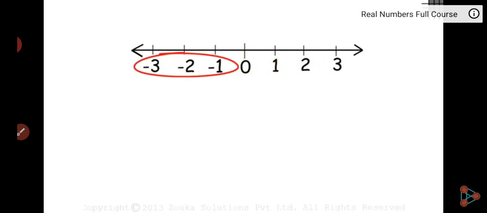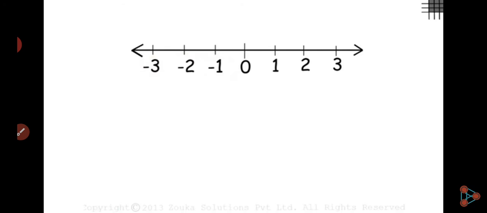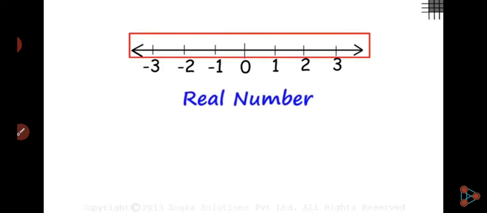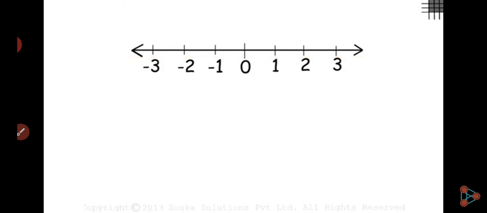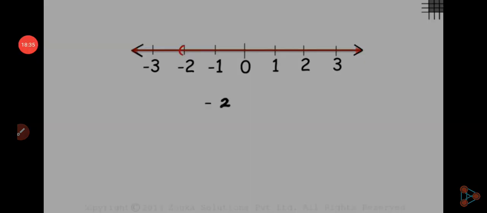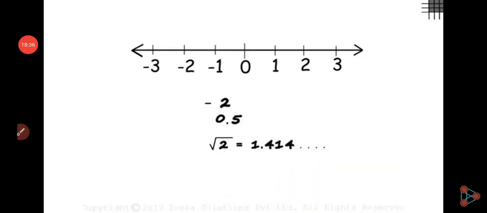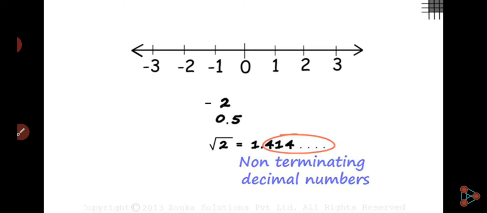On the number line, positive numbers are always on the right hand side and negative numbers always on the left hand side. This is our number line, the number line for real numbers. And what is a real number? Numbers like -2, 0.5, root 2. What is the value of root 2? 1.414 approximately, meaning its value does not end, 4141, that is called a non-terminating decimal number.